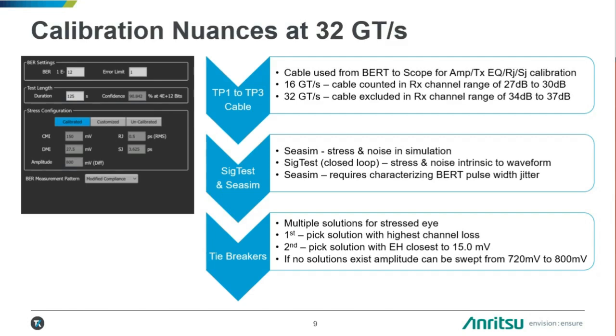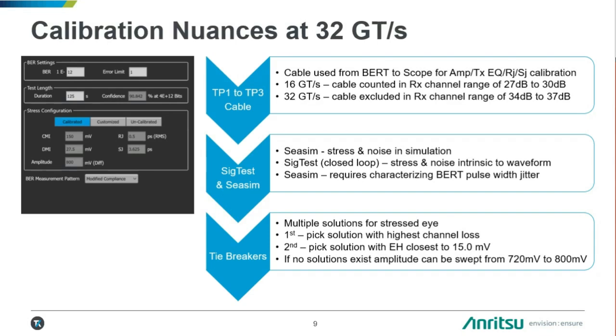So I call this the closed loop method because the waveform itself actually has intrinsic to it all of the stressors that the receiver would actually see. So two different tools, two different methods, definitely worth taking note of and understanding the differences there.